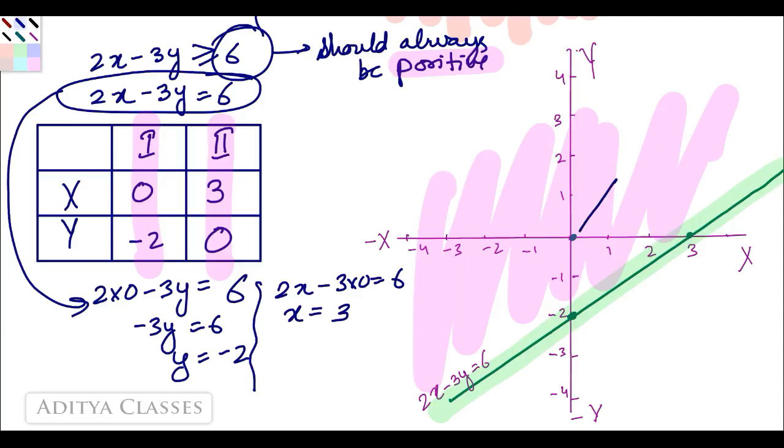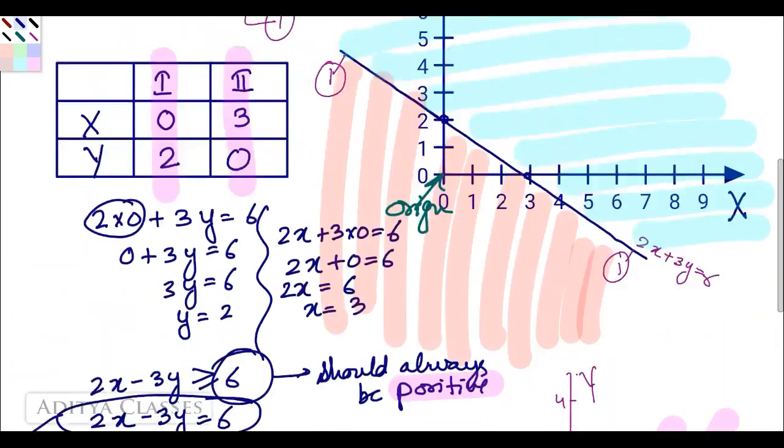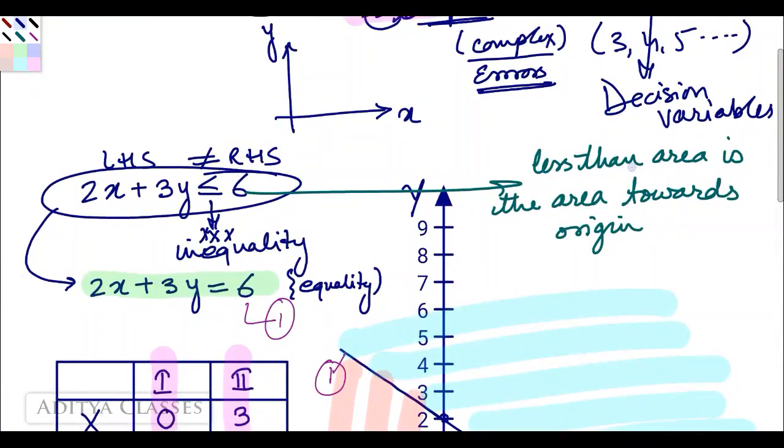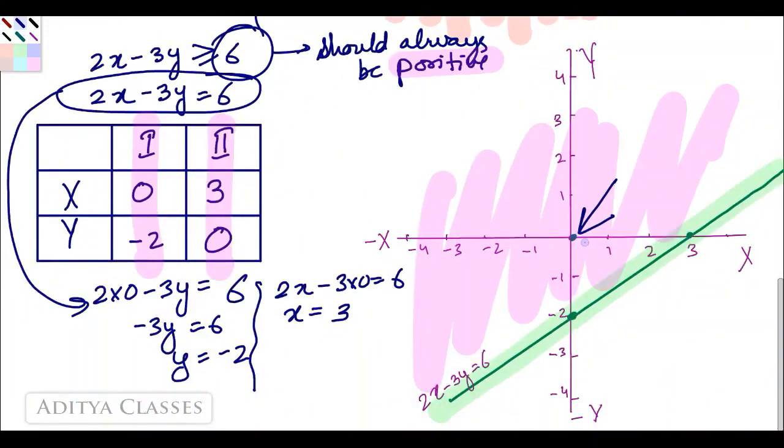So this is less than area. Remember, less than area is the area towards origin. So towards origin I have less than area, but I need more than area. So where is my more than area? This is my more than area. So this is the region acceptable. This is the acceptable solution to me.